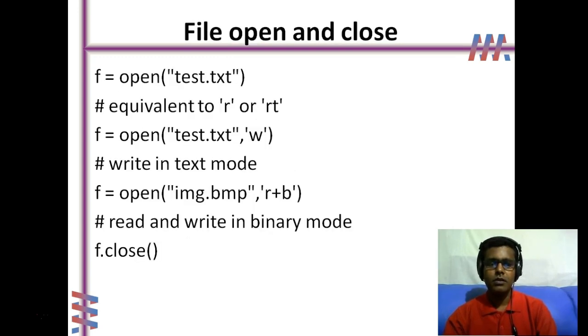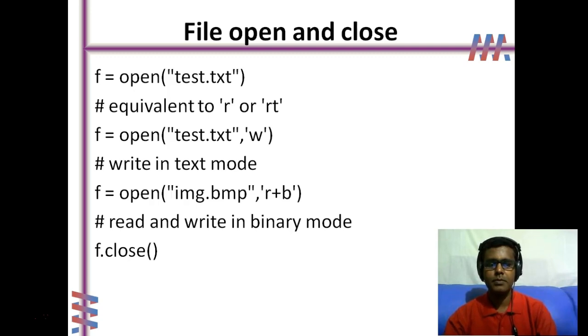This small example shows you how to open and close files. The first line shows open test.txt, a simple open, which is equivalent to open test.txt comma r or rt. That is, the first statement is equivalent to opening a file in read mode, or read mode with text, that is, I am going to open a text file in read mode.